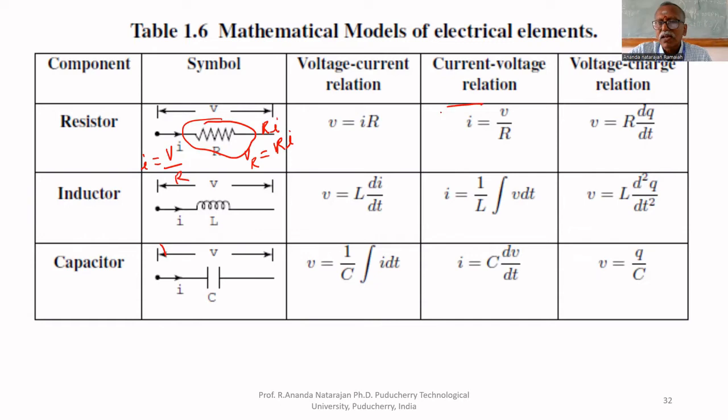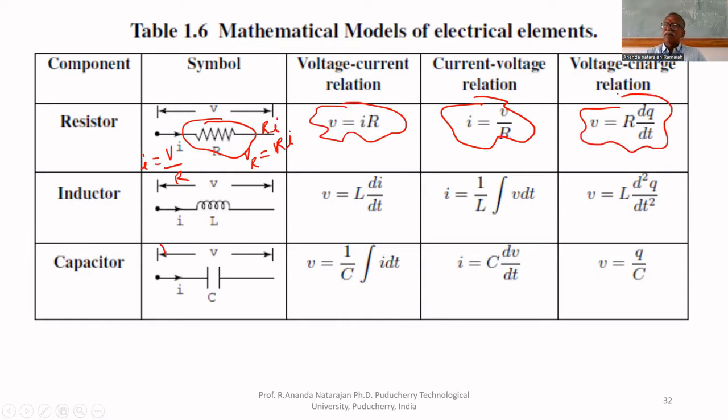If you write expression for current, V by R. If you write expression for voltage, IR, you can write the expression in terms of charge also. What is the definition for current? Rate of change of charge. The velocity of electron is considered as current.